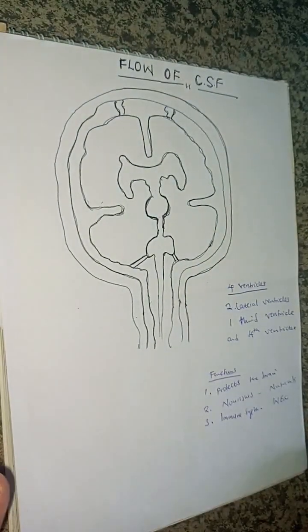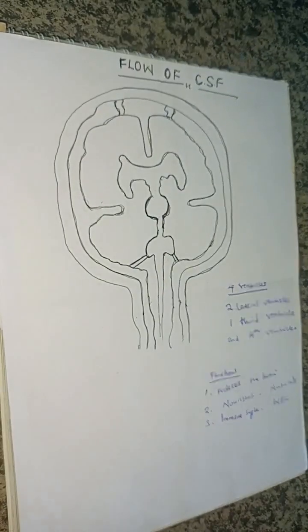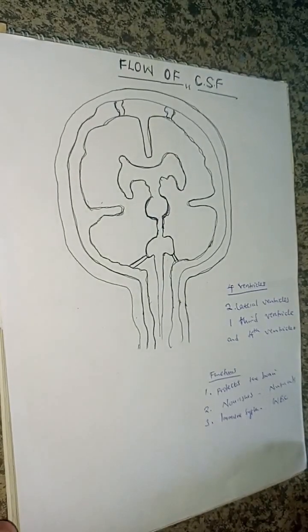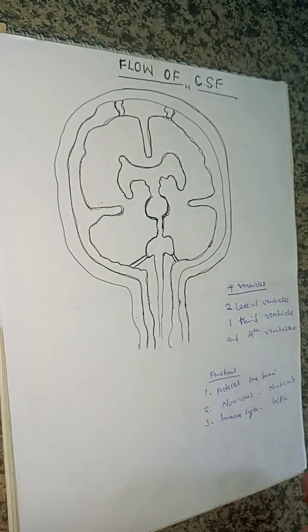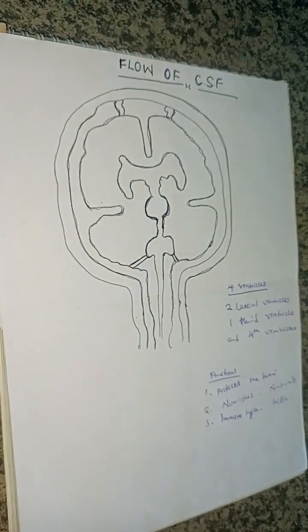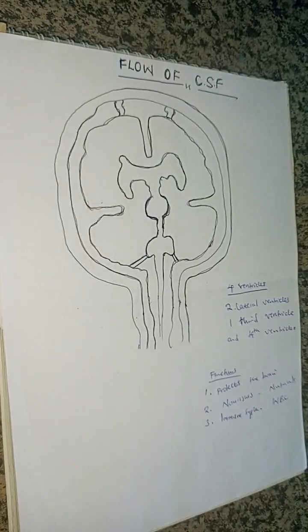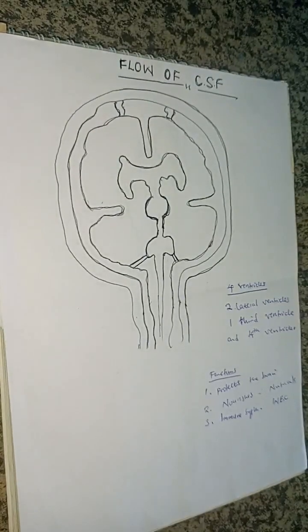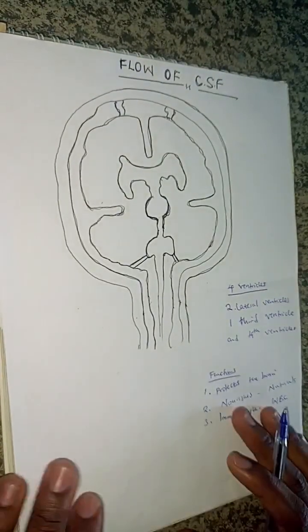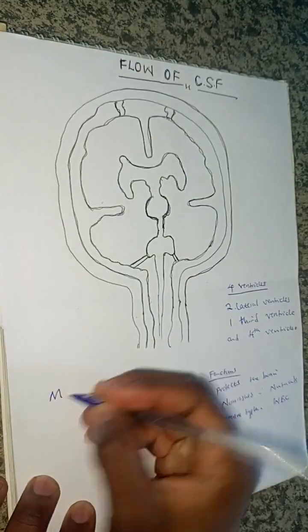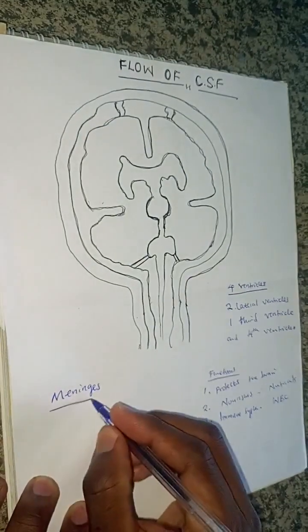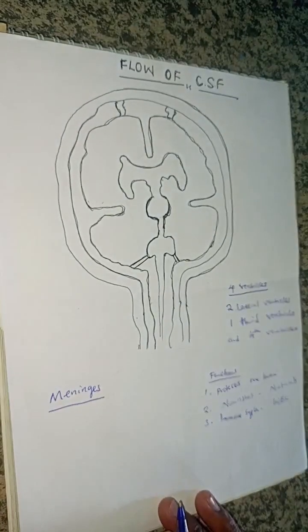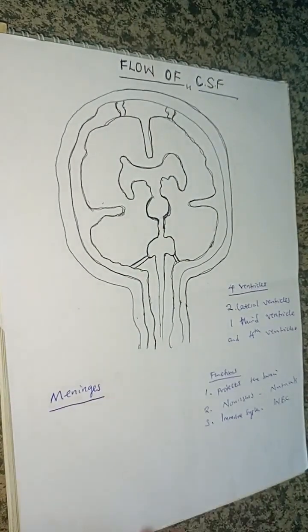So when you are asked to draw and explain the flow of cerebrospinal fluid with the aid of a well-labeled diagram, what you need to know is that the brain is protected by what we call the meninges. The meninges of the brain have 3 layers.